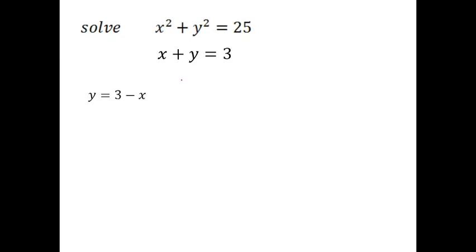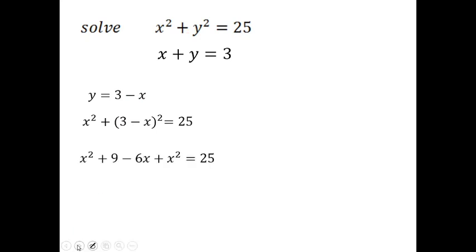Okay, so again I can rearrange this second equation to y equals 3 minus x, okay, here, and then substitute this value into here, so that I get x squared plus this value squared is 25. Expand this bracket to give you this value here.